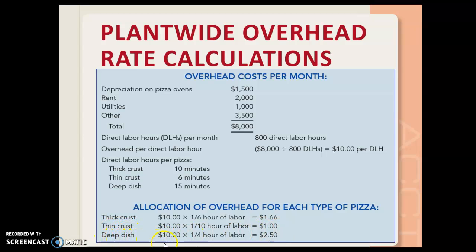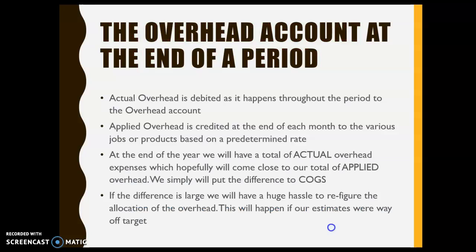The deep dish pizza is 15 minutes. 15 divided by 60 is 1/4 of an hour. So $10 times 1/4 of an hour is $2.50. That will be applied to every deep dish pizza for overhead.